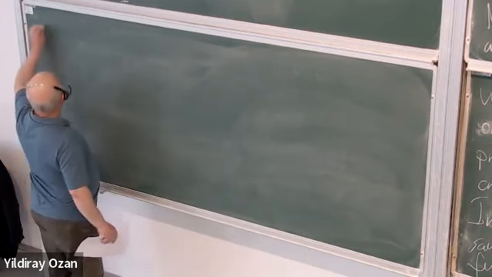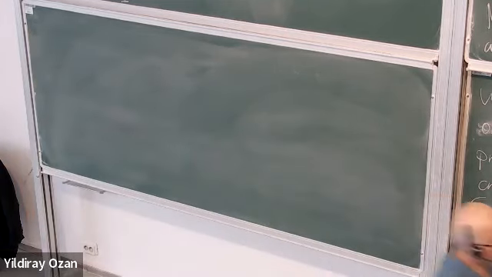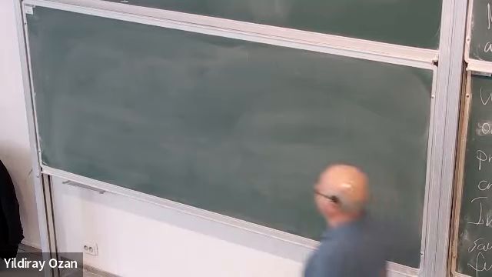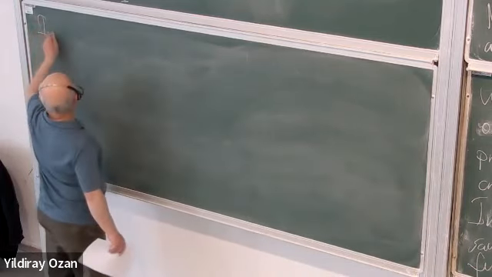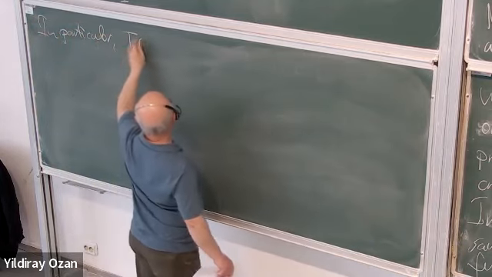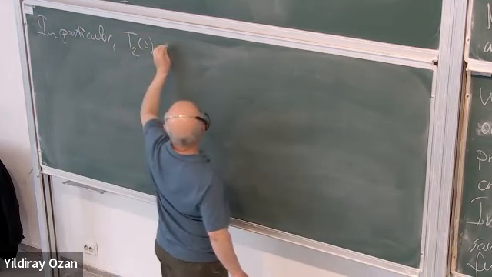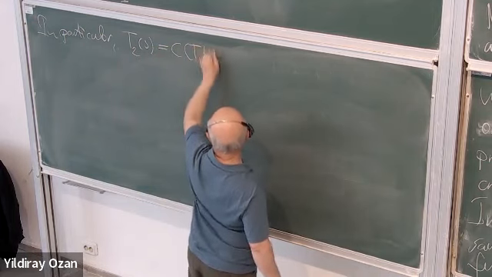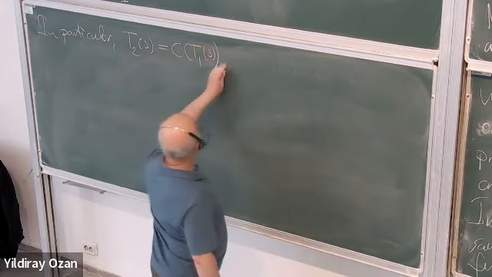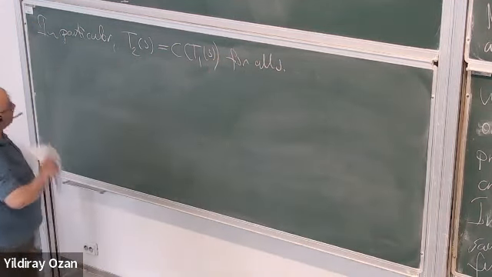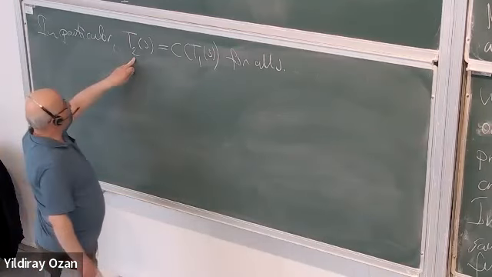Okay. So these two vectors are the same at all points. In particular, T2(s) is equal to C T1(s), for all s. Well, what is T2?